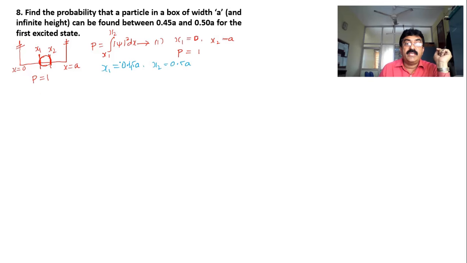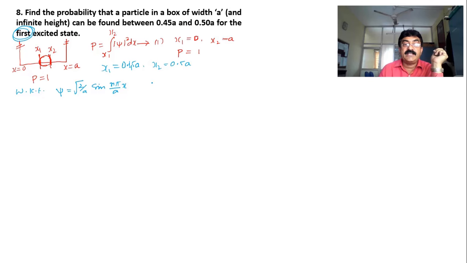Well, you know the equation for psi. We know that psi is equal to root of 2 by a sine of n pi by a into x, where n is 1, 2, 3, etc. Look at the question. Particle is assumed to be in the first excited state.